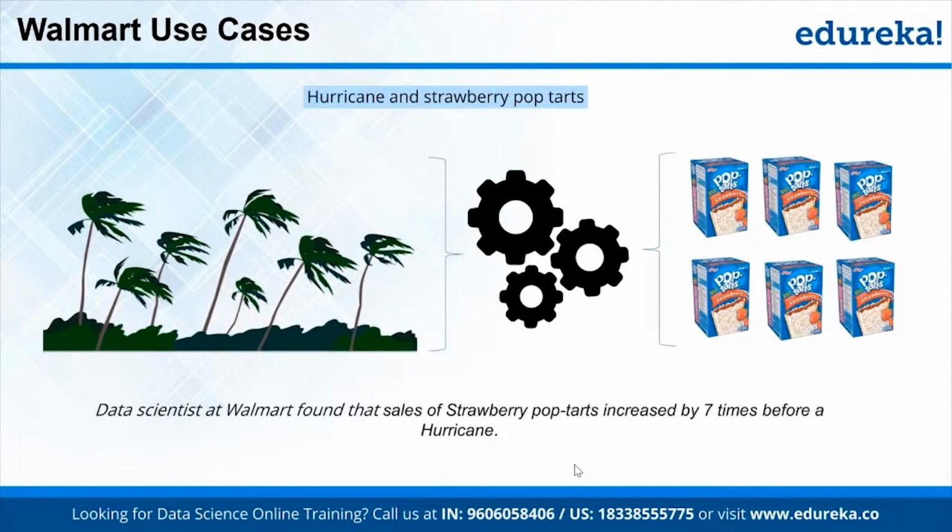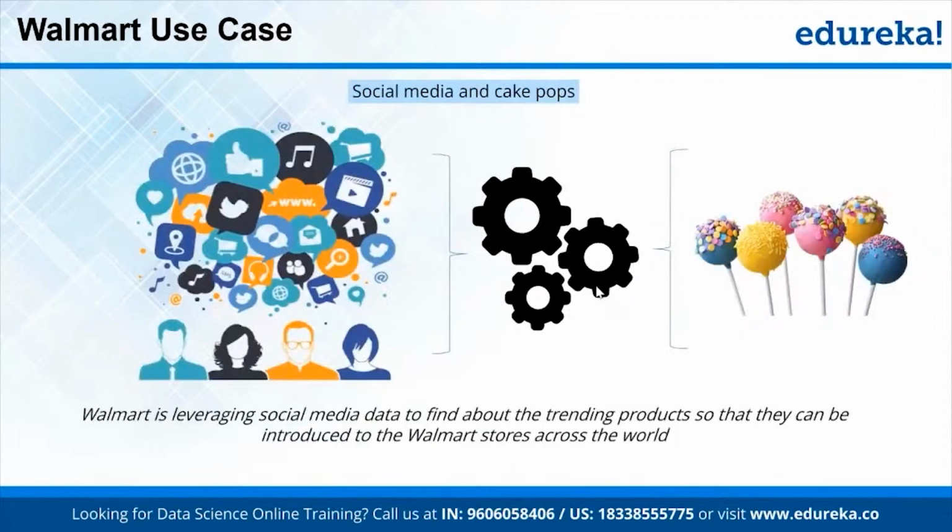Also, Walmart is leveraging social media data to find out the trending products so that they can be introduced to Walmart stores across the world. Everyone is interested in increasing the sales, so they need to understand the customer behavior and the consumer pattern. Accordingly, they will be manufacturing the products and accordingly they will be selling.